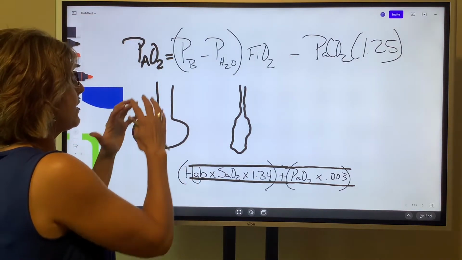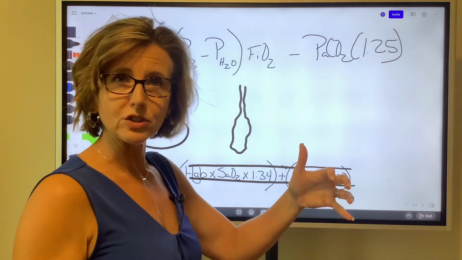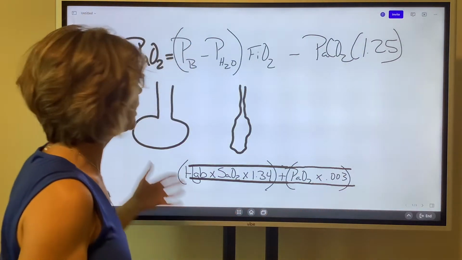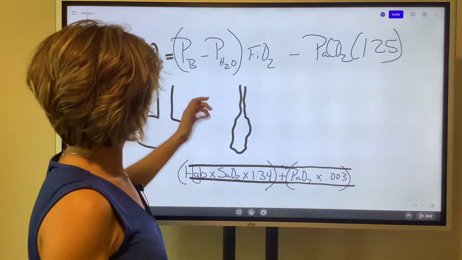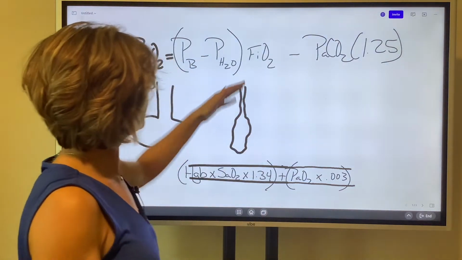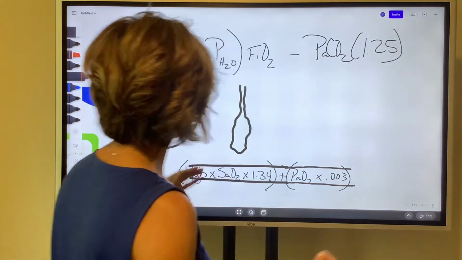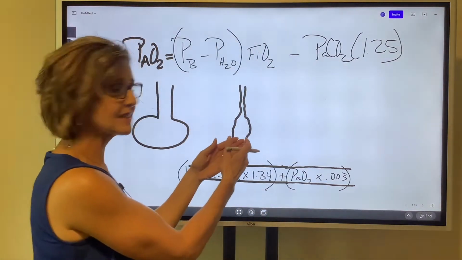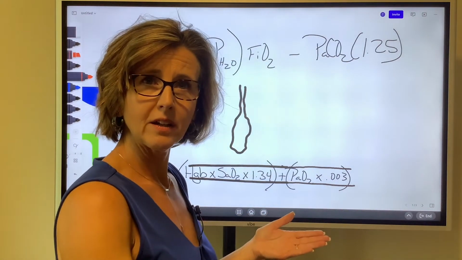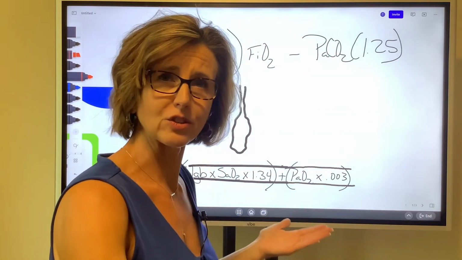The portions of the formula that create the alveolar oxygen pressure have to change in order for the PAO2 to change. Nothing in our setup tells us the barometric pressure is different. Water vapor pressure is always going to be 47. The FiO2 hasn't changed, and we know nothing about the CO2. So atelectasis in and of itself doesn't change the components of this formula for alveolar oxygen tension. Basically, it doesn't even have anything to do with it.